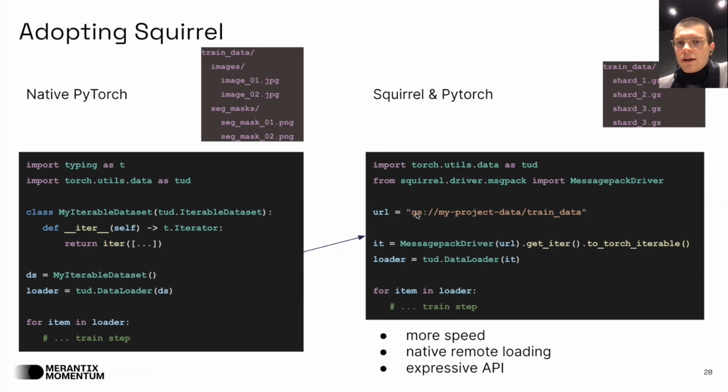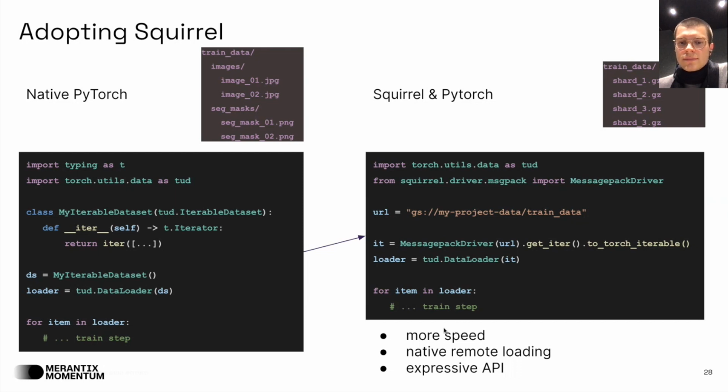Then you can ask your message pack driver to return the iterable. You feed that to your data loader, which will convert it to an iterator, and then you can use the iterator down here in the training step.